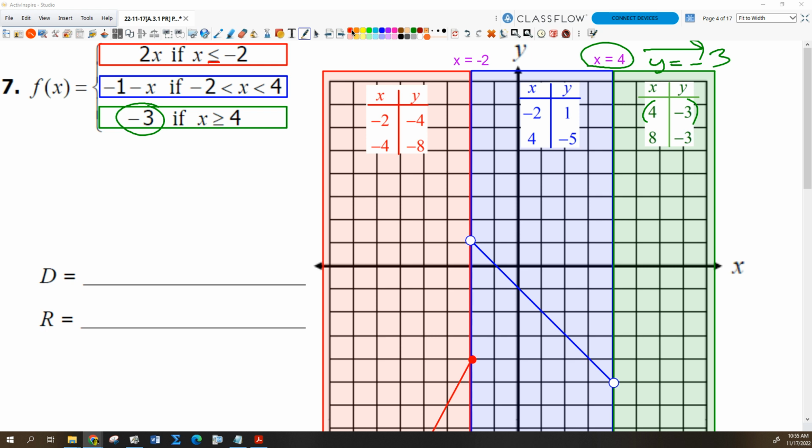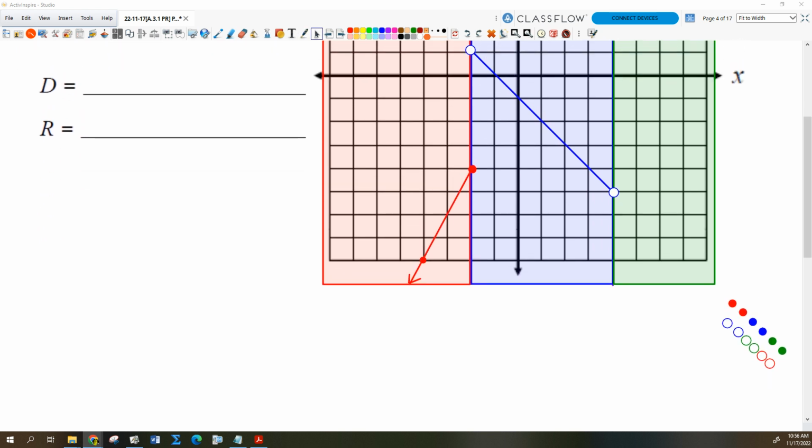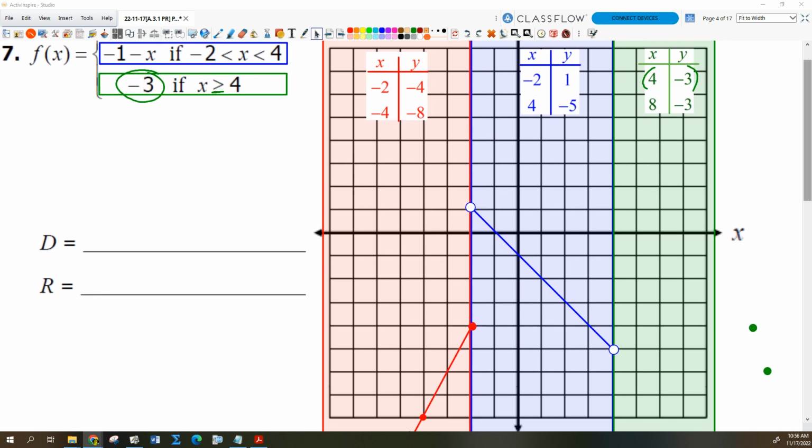Okay, so now, why do we have a solid endpoint on the green part of the graph? Because of the equal to, exactly, because x is greater than or equal to 4. So because of that equal to, it is a part of the green region and we need a closed endpoint. Good. Let's grab a closed one down here, and we got one over here at -3.